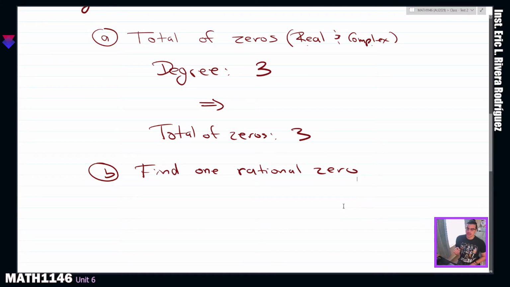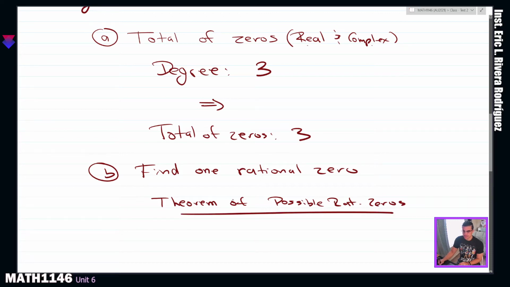Then, we don't know those numbers yet. But we at least want to find one rational zero. One rational zero. Why a rational zero? Because we have a theorem of possible rational zeros.